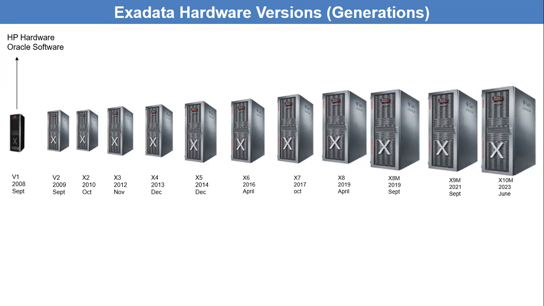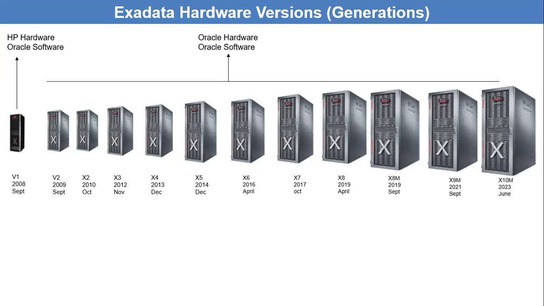So with that, Oracle diverged from HP in the sense that they included their own servers, Sun servers, instead of HP servers. So from version 2 until now, and in future also, the hardware is from Oracle. Oracle Sun servers are simply called Oracle hardware. And the software, of course, is Oracle software.